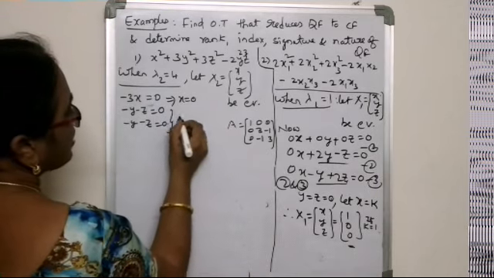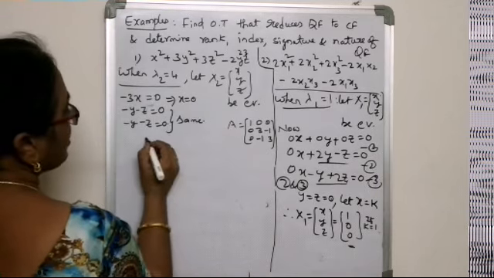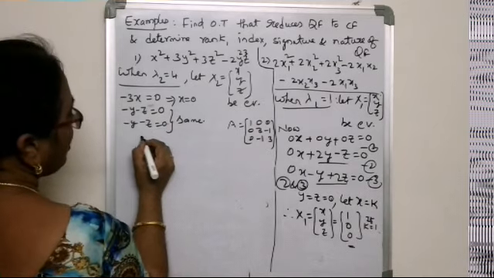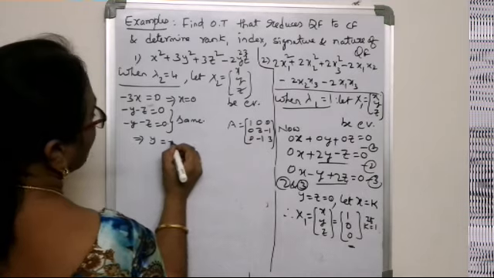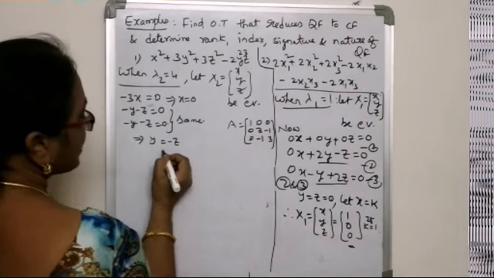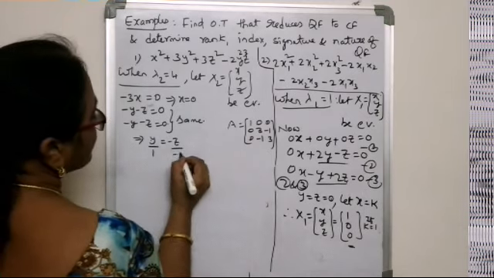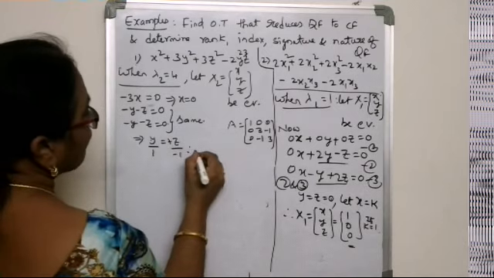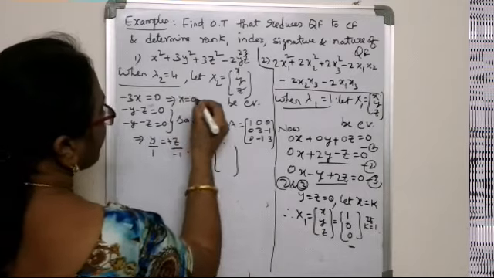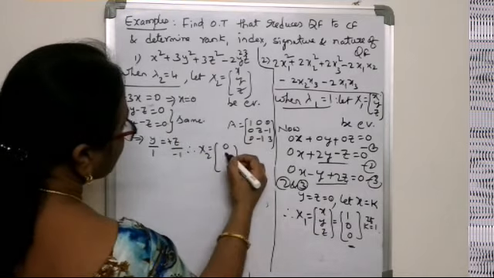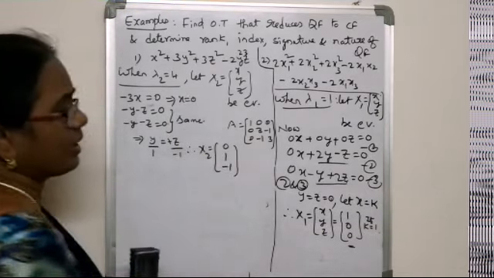Because the third and the second are the same equations, from 2 or 3 it implies minus y equal to z, or y is equal to minus z, which is nothing but y by 1 equal to z by minus 1. Therefore the second eigenvector corresponding to 4 is with x equal to 0, y equal to 1, z equal to minus 1.